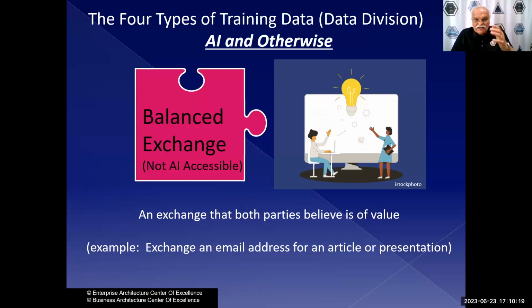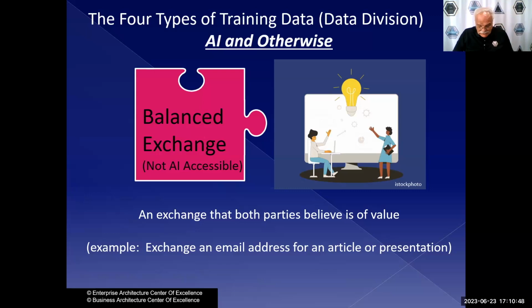By the way, the AI engines can't get at this because in order for that to happen, the AI engines would have to provide something and then get back in return something else. Now, some of you are saying, well, all they have to do is to put in an email address. Well, if that's a poor situation on the part of the people having the intellectual property where they don't check that email, then they should address that also.